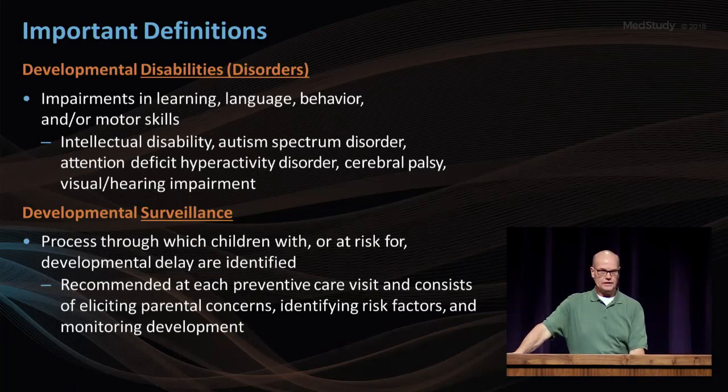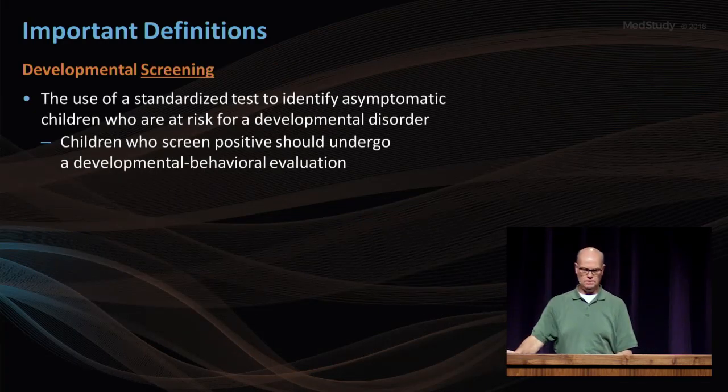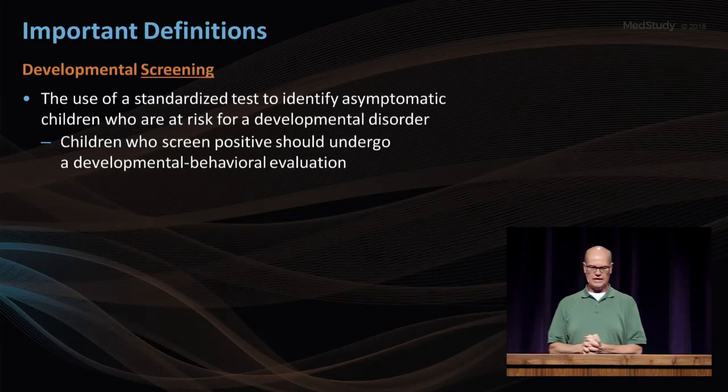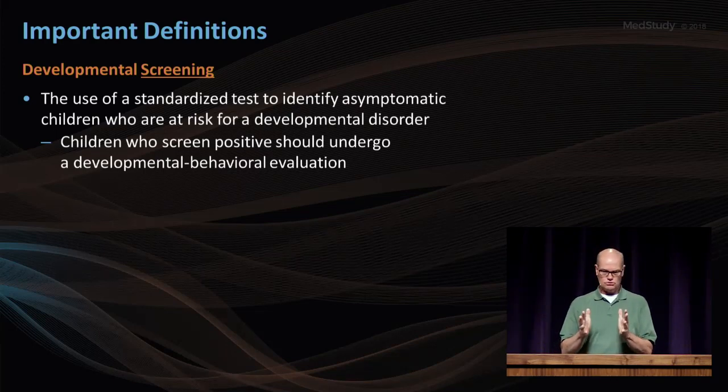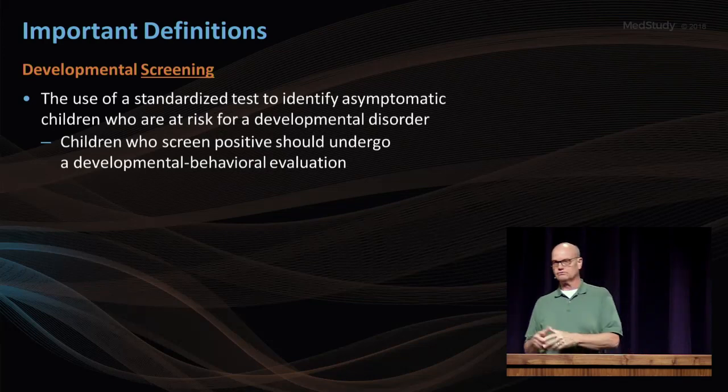If surveillance brings about concerning information, and at specific times during well-child checks, screens should be used with standardized testing. So you screen a child, for example, for autism spectrum disorder, or you screen a child, for example, for language delay.